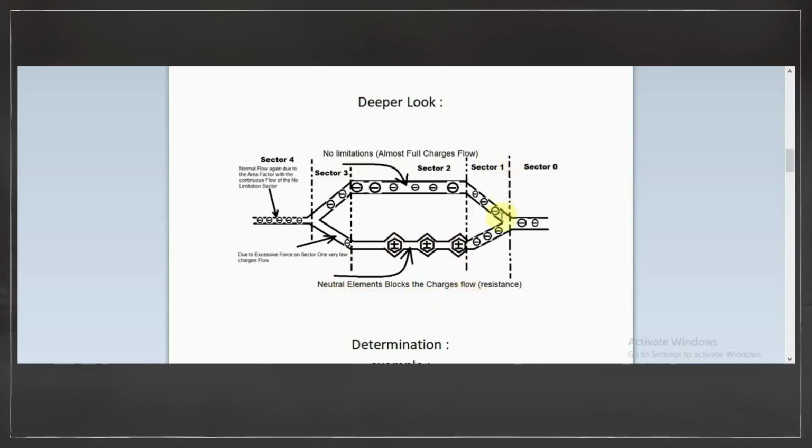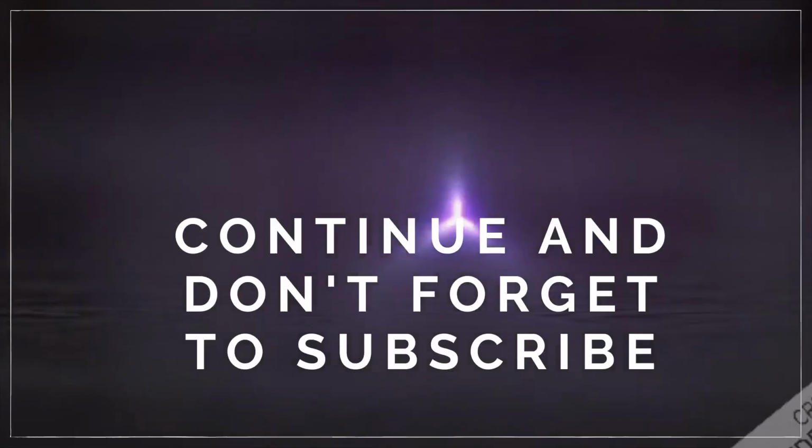In sector 1 we have the electrons flowing, then the neutral elements are going to block the electrons' flow, blocking one after another to let very few electrons flow into sector 3.